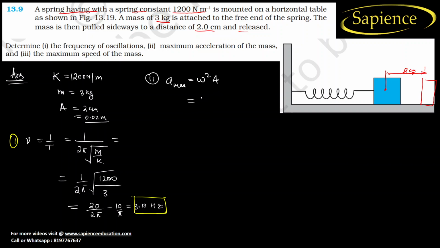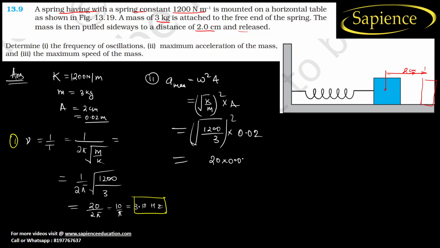Omega is equal to root under k by m, so this will be whole square into amplitude A. So put the value here: k is 1200 divided by mass 3, into amplitude 0.02.